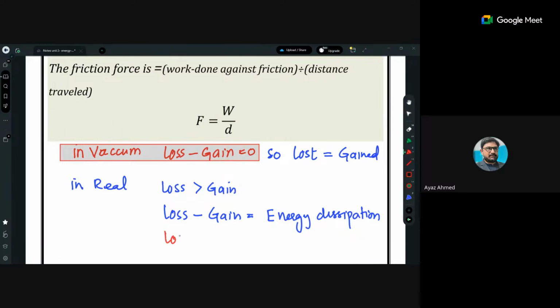So you can simply say that loss minus gain is equal to work done against friction.